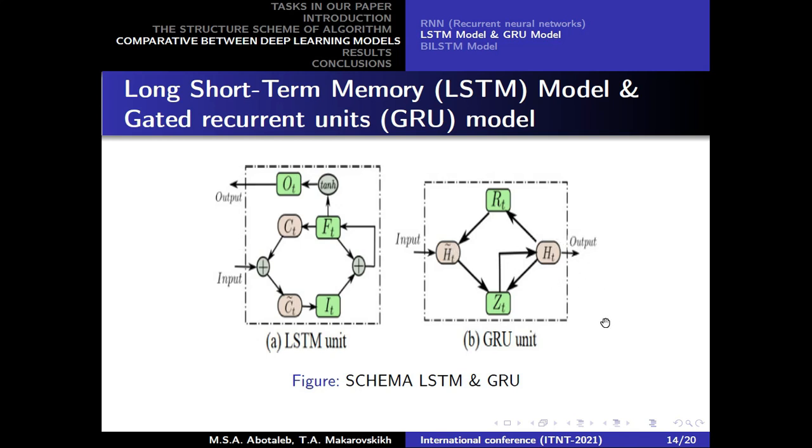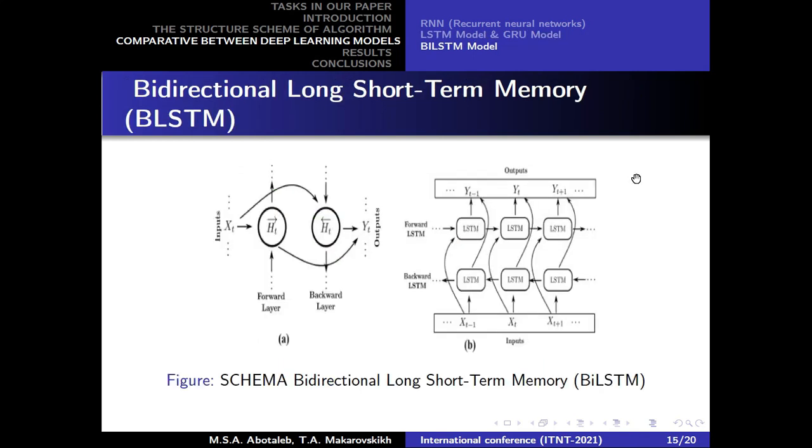That's about GRU model. About bidirectional LSTM, that's an enhanced version of the LSTM algorithm. The current state can only be reconstructed according to the backward context. However, the forward context also presents a relationship with the actual state, which was not considered in the LSTM model.